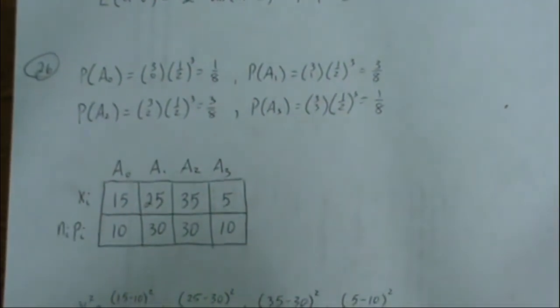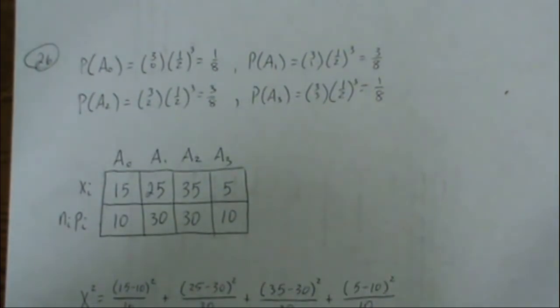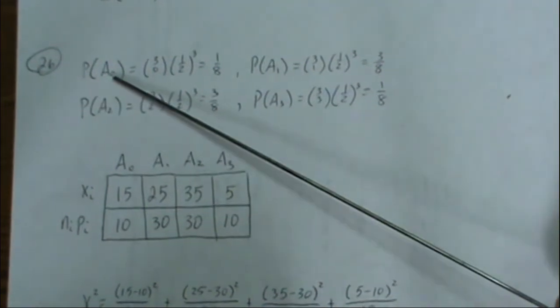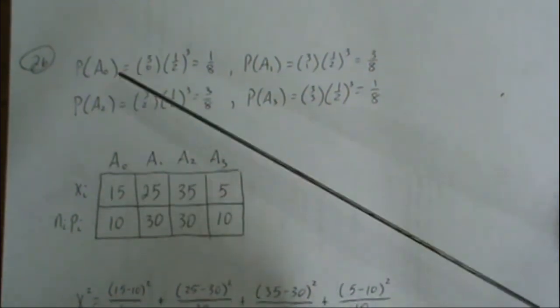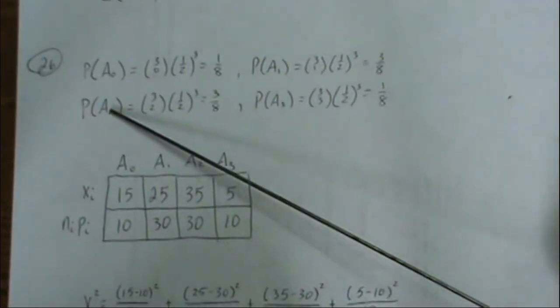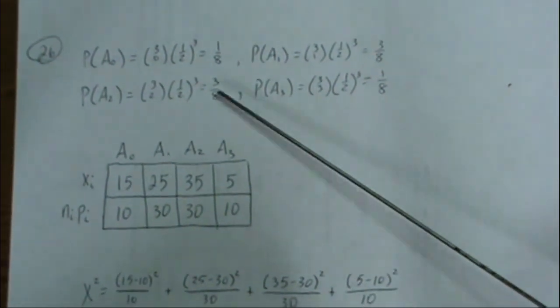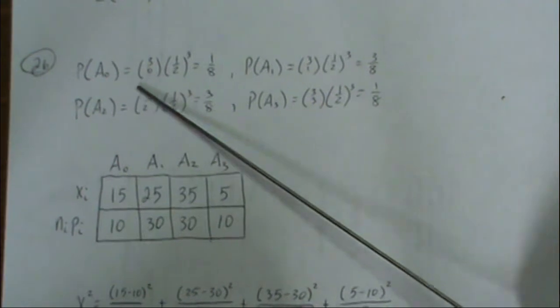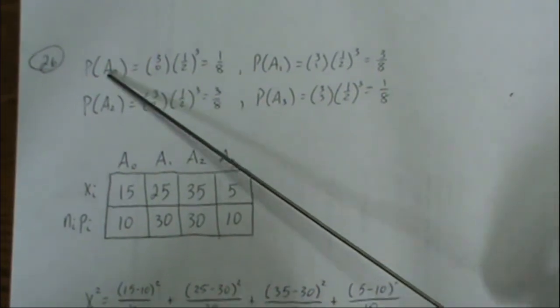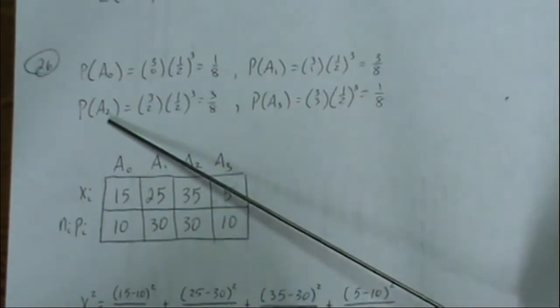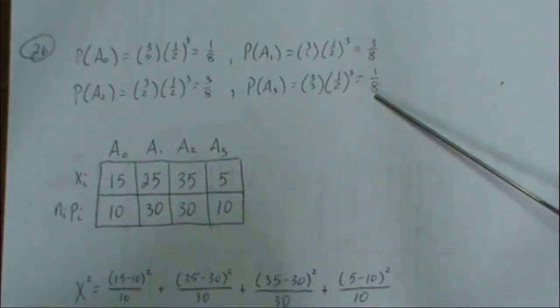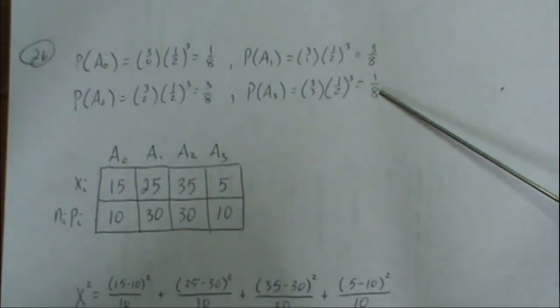So problem 26, we're given 4 mutually exclusive and exhaustive regions, and we're given a probability distribution function for those. So we can find the individual probabilities: A0 is 1/8, A1 is 3/8, A2 is 3/8, A3 is 1/8.